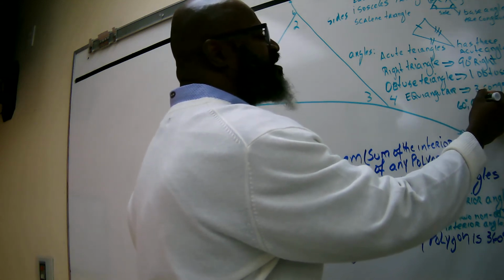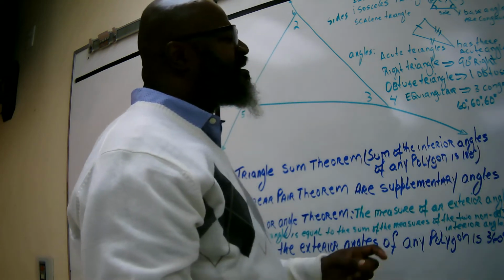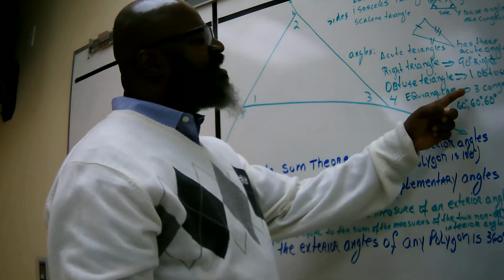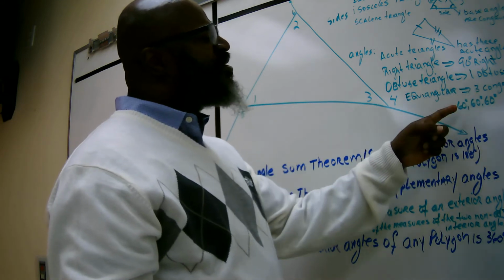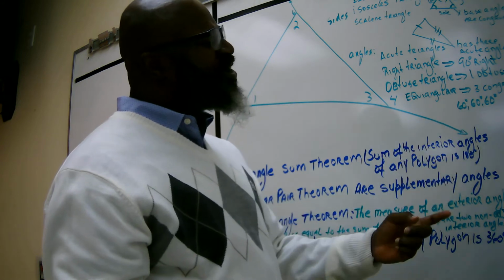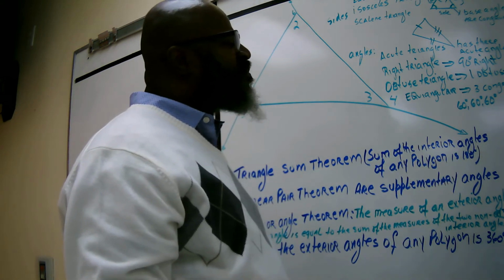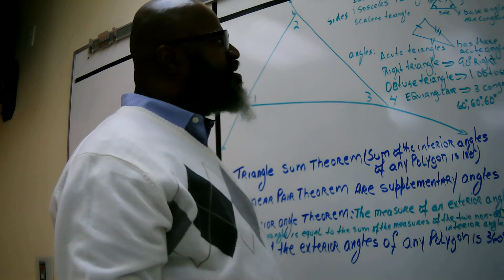The magic number is 60 degrees. If it's equiangular, it has three congruent angles, which are 60, 60, 60. Also, if it's equiangular, it's also acute because all of those angles are less than 90 degrees. So be aware of that.